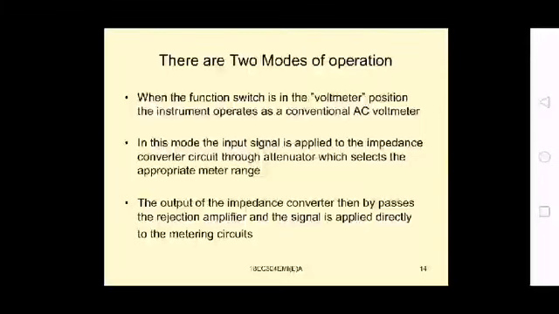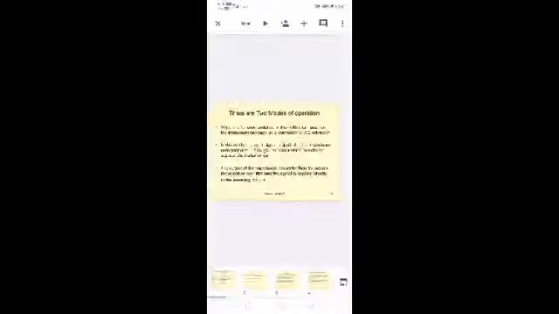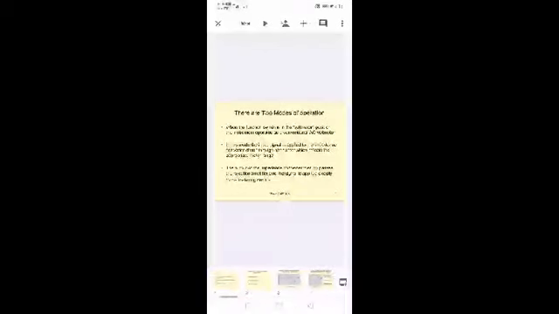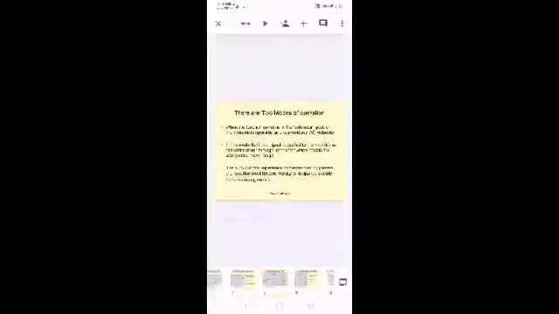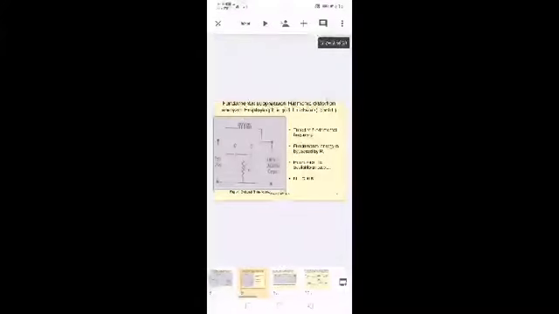So in the diagram, you will see a switch S1. That switch makes the meter work in two modes.